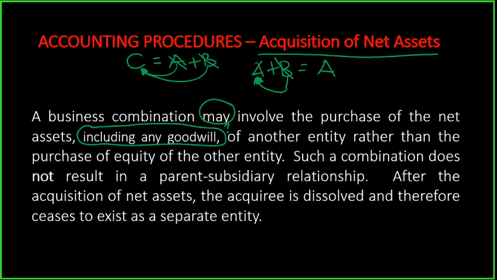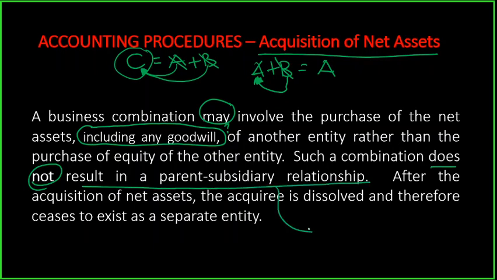Such a combination does not result in a parent-subsidiary relationship. Okay, why? Because consolidation and merger, di ba? Because the acquiree will be dissolved, wala po tayong parent and subsidiary relationship. Does not result in parent-subsidiary relationship. When will this happen?